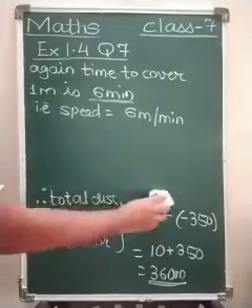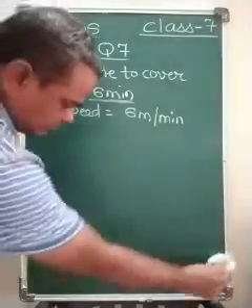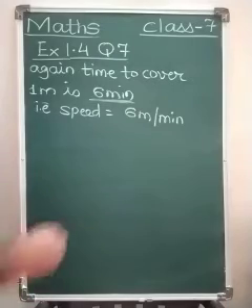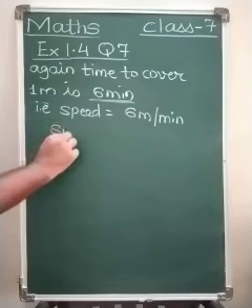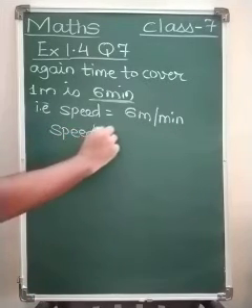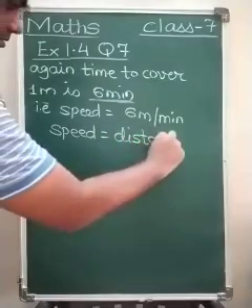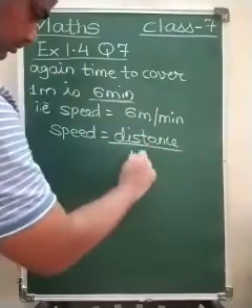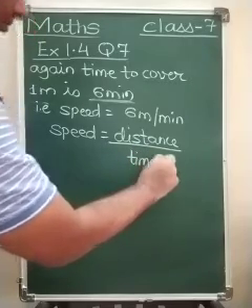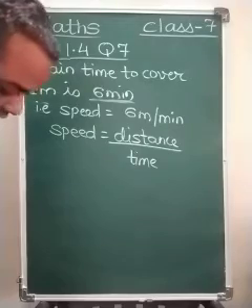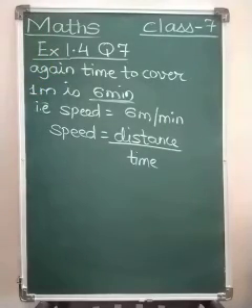Okay, I will rub out this also. Just remember 360 meters. So in general we will directly write down the formula: speed equals distance upon time. Now what is the question asked? How long will it take to reach minus 350 meters?